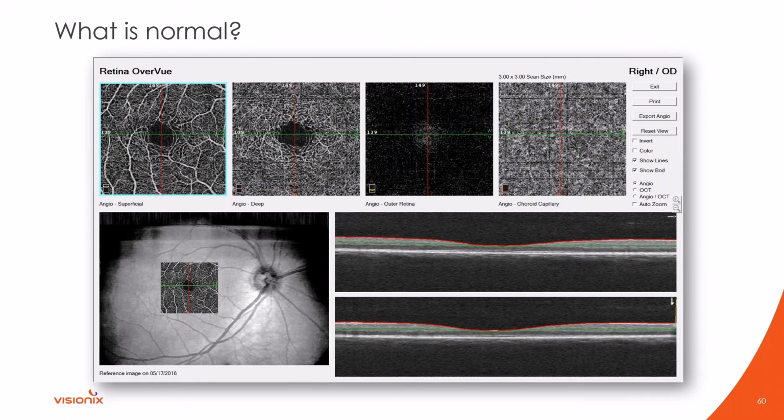The two on the left, the superficial capillary plexus and the deep capillary plexus, those are retinal capillaries. So I am evaluating those in conditions of retinal vascular disease. What's your main retinal vascular disease? Diabetic retinopathy.